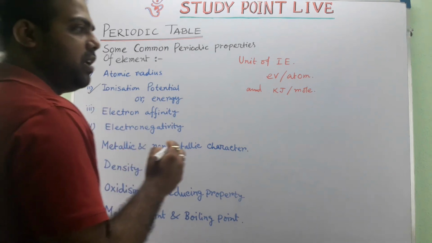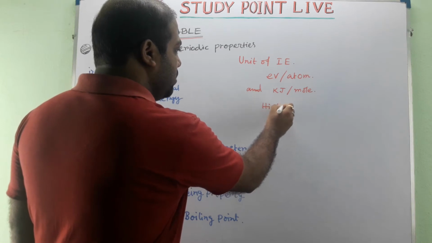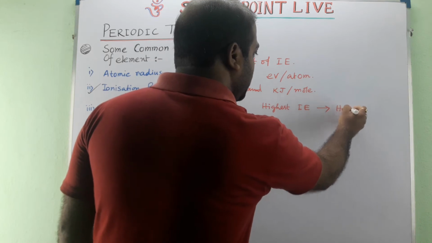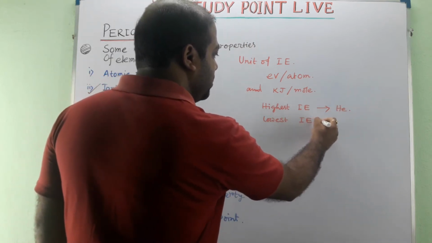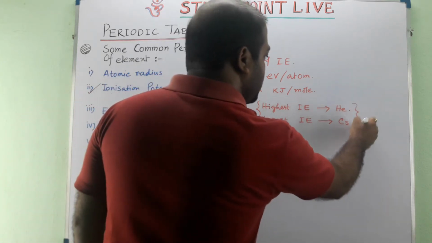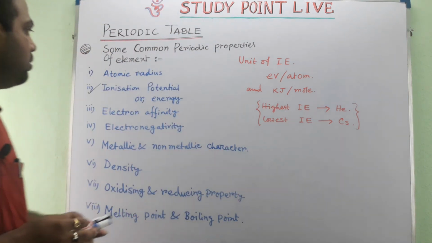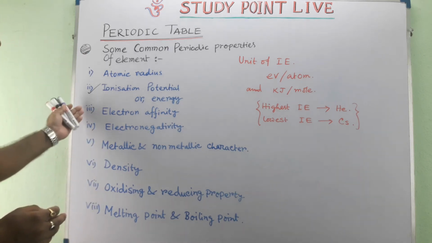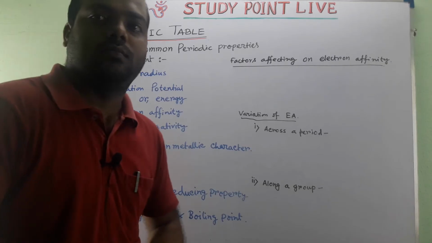The element which has the highest ionization energy is helium and the lowest ionization energy has cesium. Now the next topic of periodic properties we are going to discuss is electron affinity.